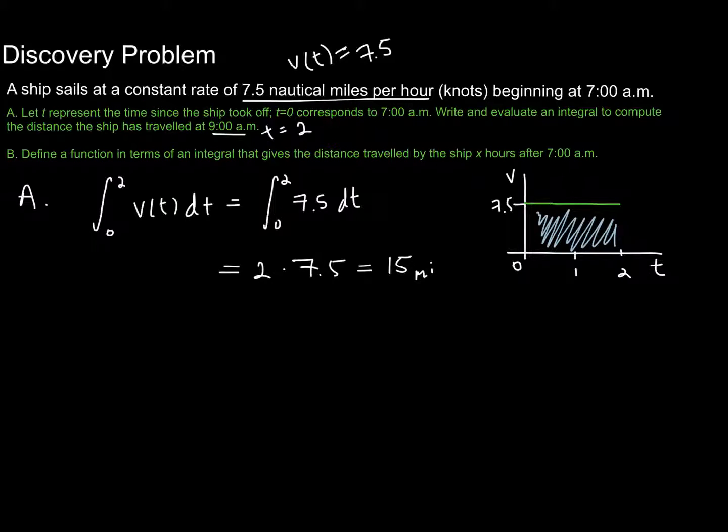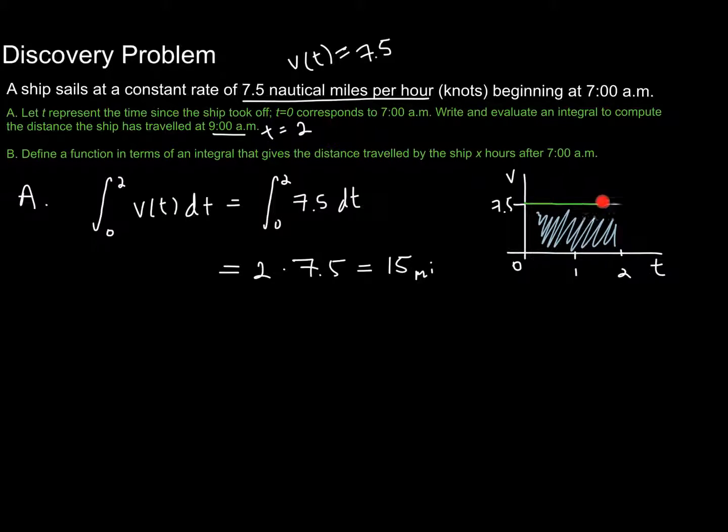Before we move on to part B, I want to think about, in general, what would happen if you are taking the integral of a constant function. And when you think about this, you consider that a constant function is always a perfectly horizontal line. So when you're calculating the area under a horizontal line, you're always going to have a rectangle.